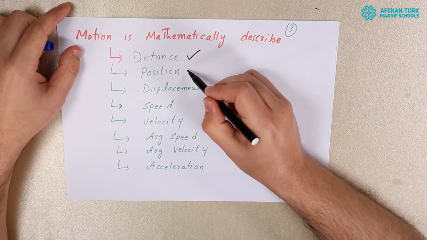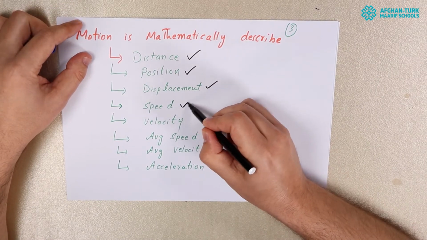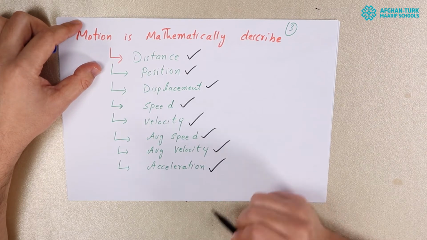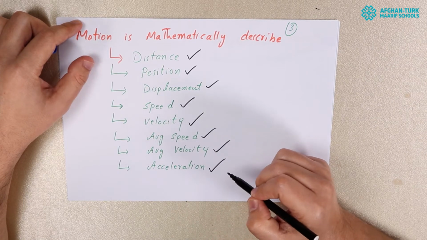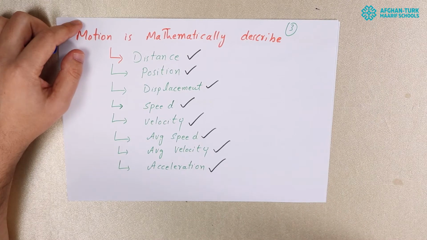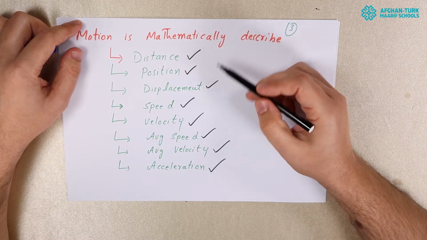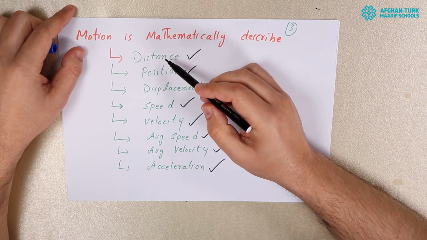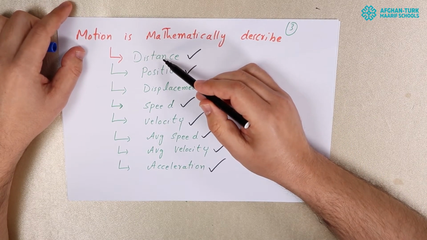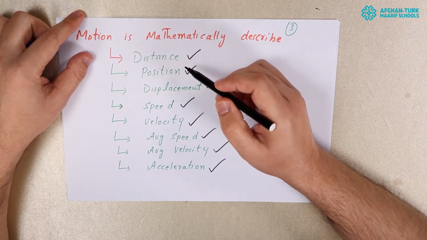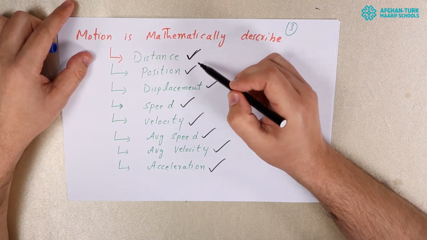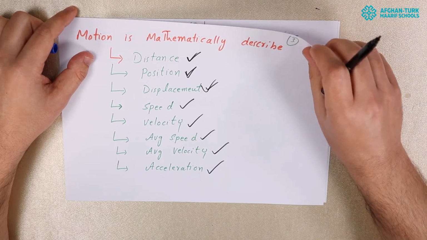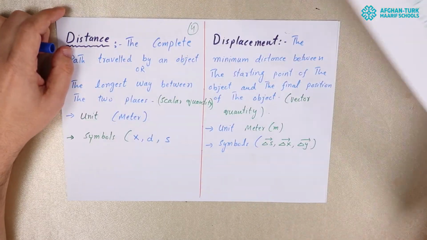The first ones are distance, position, displacement, speed, velocity, average velocity, average acceleration, instantaneous velocity, and so on. So in this chapter we will cover these following things. Now we are going to discuss one by one. First, today we only study these three things: distance, position, and displacement. So, let's see what this is.